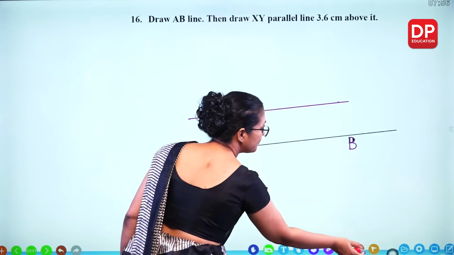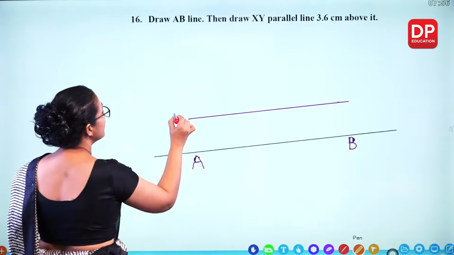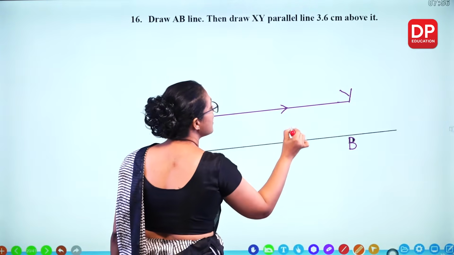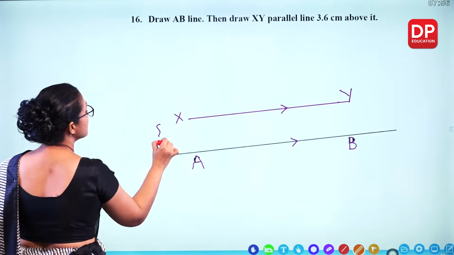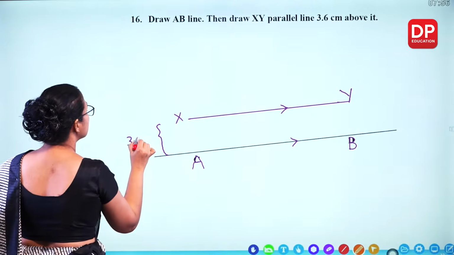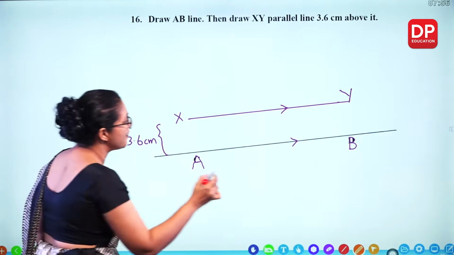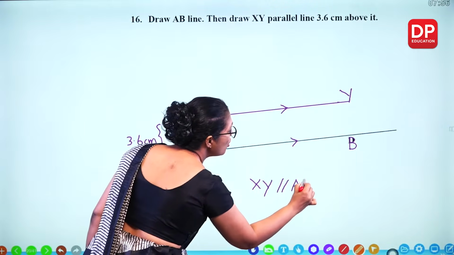So what's the line? XY. And these two lines are parallel, and we know this distance is 3.6 centimeters. So we can write XY is parallel to AB.